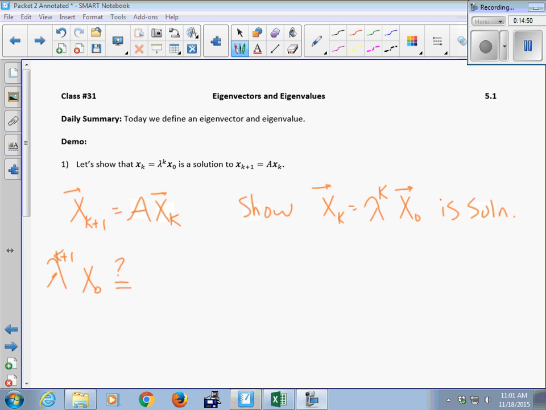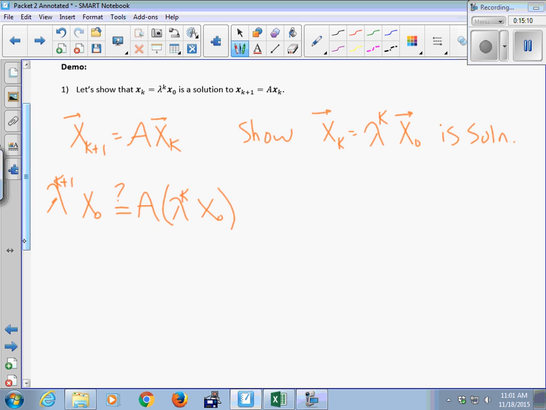So now I'm going to copy the A, replace the x^k with λ^k x_0. I just plugged into both sides of my equation. I replaced the variable x with the solution. So this is how you check if you actually have a solution. Plug the solution back in, see if the equation's true.